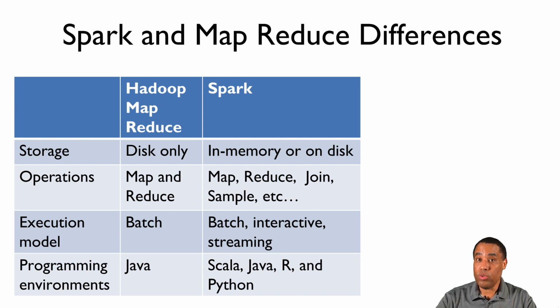You can also deal with streaming data, where data is continuously coming in and we want to continuously apply functions to it. The other big difference is around programming environments: only Java for MapReduce, and for Spark, we have Scala, Java, R, and Python. And again, the biggest difference is that MapReduce operates off of the disk, while Spark can use memory or disk or both.